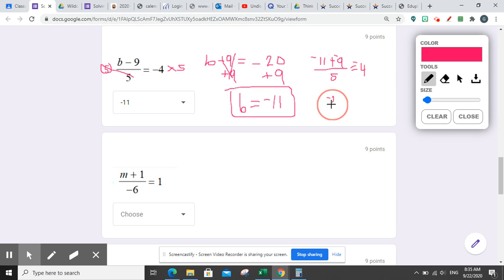So now I'm left with negative 20 divided by 5 is equal to negative 4. And what is negative 20 divided by 5? Negative 4. Is negative 4 equal to negative 4? Yes, so it checks out. So that's how we substitute, okay? And you can do that to double check.